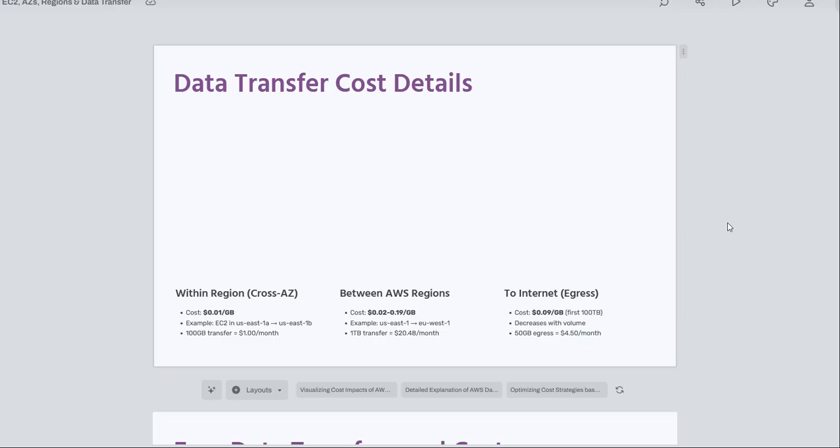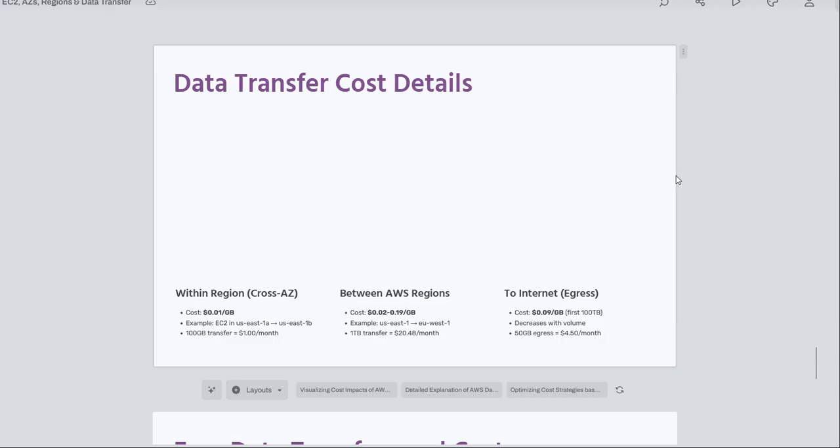So if you have 50 GB egress, it costs $4.5 per month, that means 100 GB is $9 per month. This is for up to the first 100 terabytes.